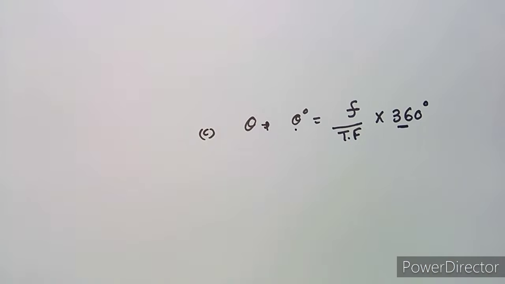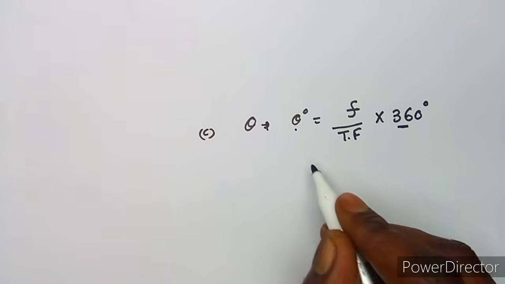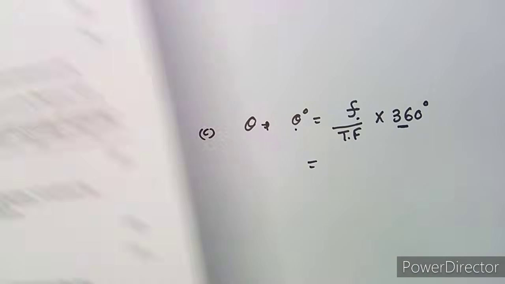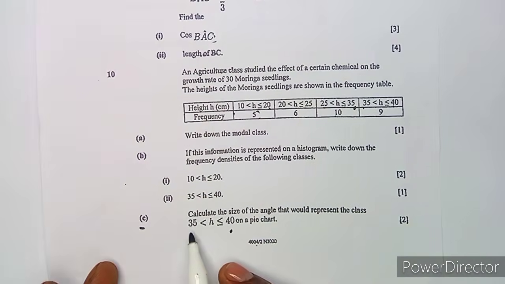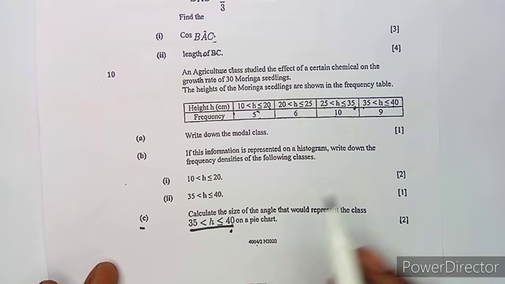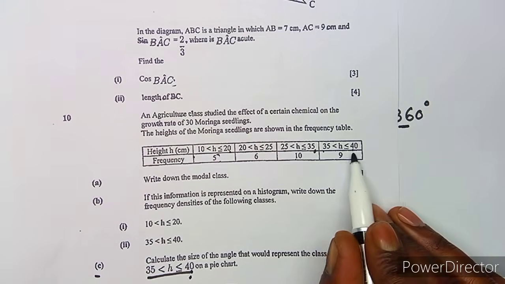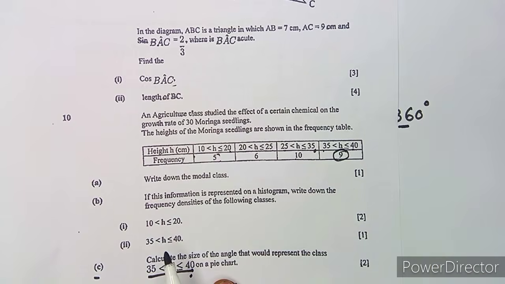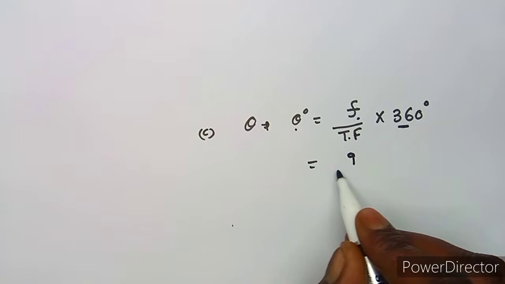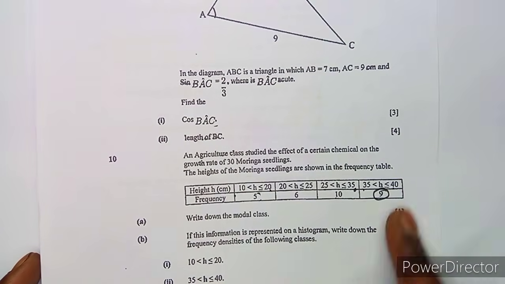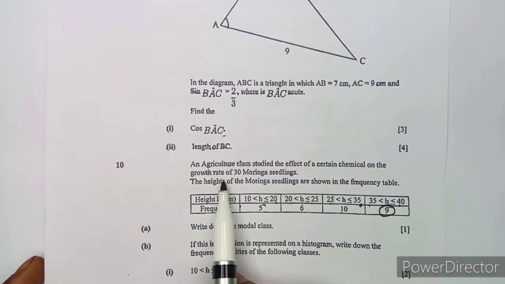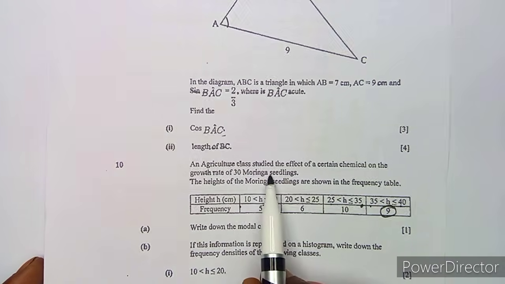Which class are we talking about? 35 to 40. This is our frequency here, which is 9. So it's 9 over the total frequency, which is the total number of seedlings, and we are given that there are 30 moringa seedlings.